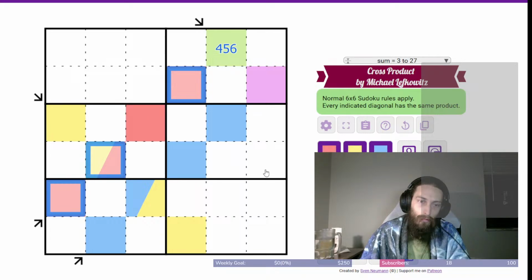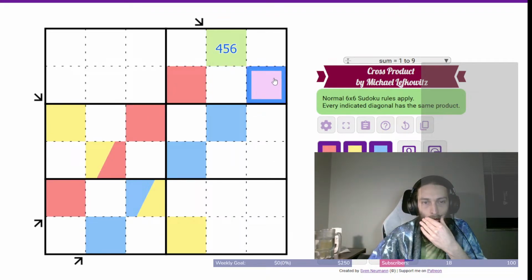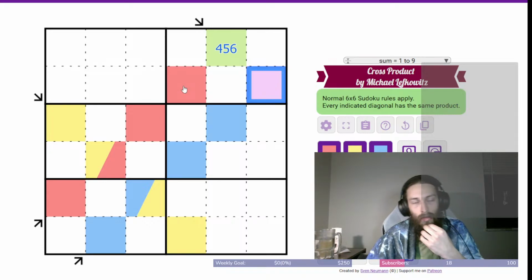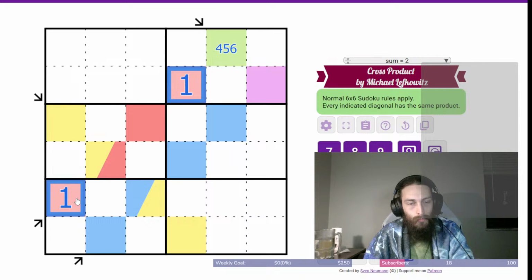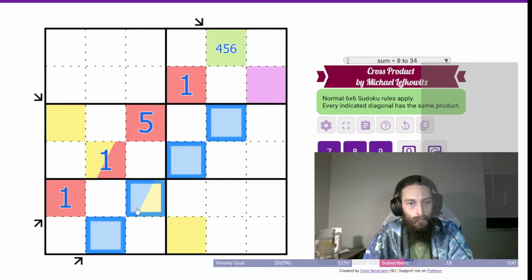No, purple can't be 5 because in order for red to be 5, the two extremes have to both be 1. And then you've got 1, 5 in box 3. But that means for blue, the minimum in box 5 is 2, 3.